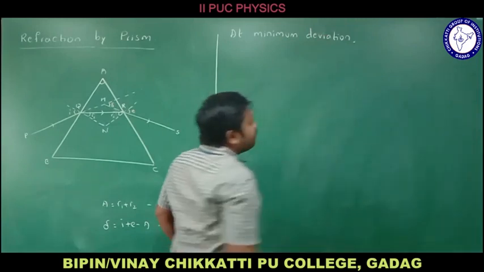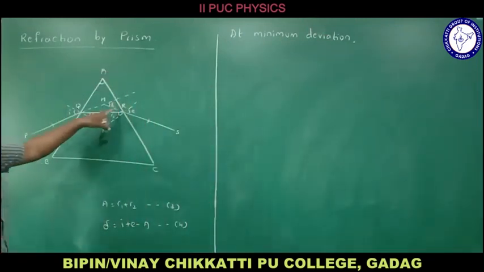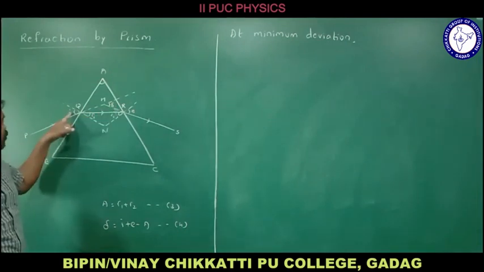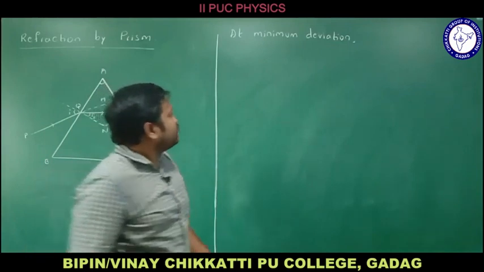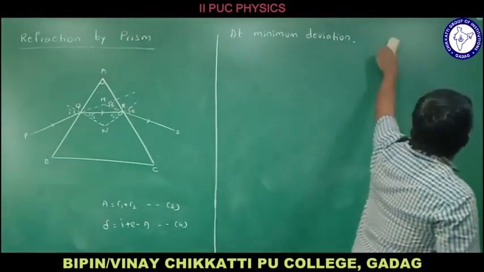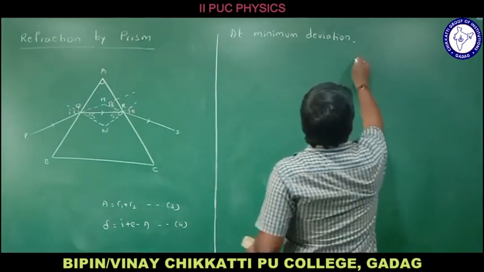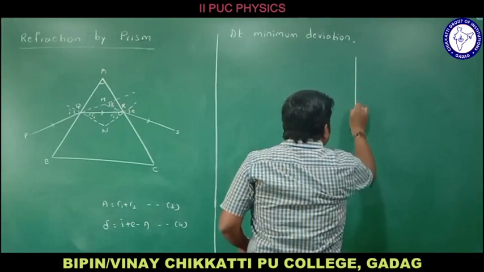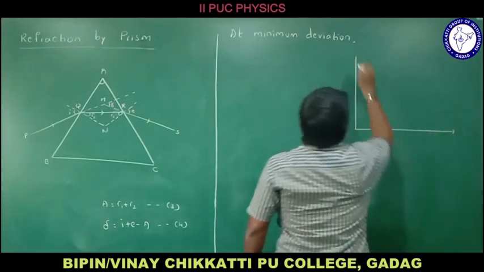What is the meaning of minimum deviation? Let us check it out. First of all, the angle of deviation depends upon angle of incidence. Let us take a graph now. Experimentally it was observed how angle of deviation varies as angle of incidence increases.